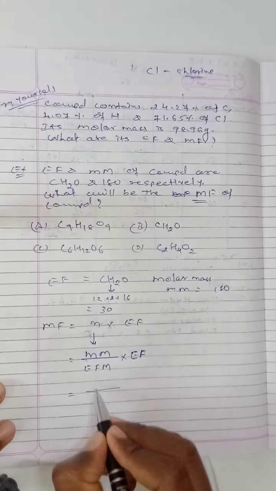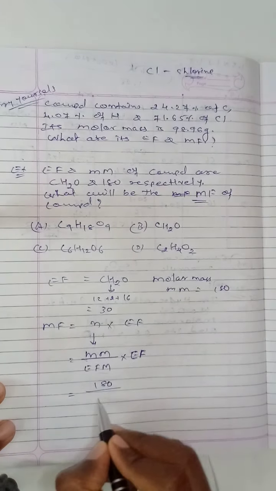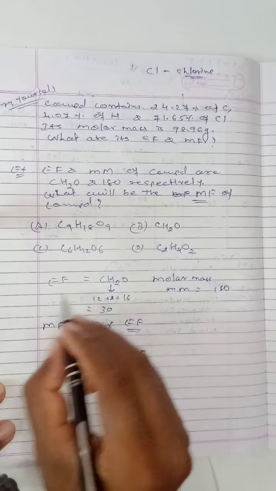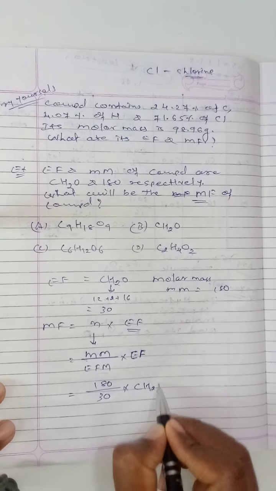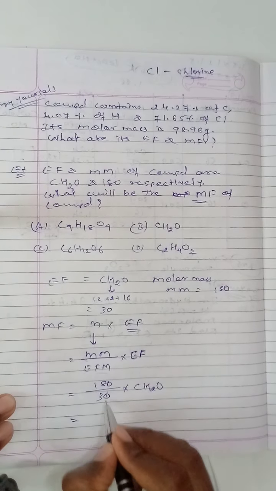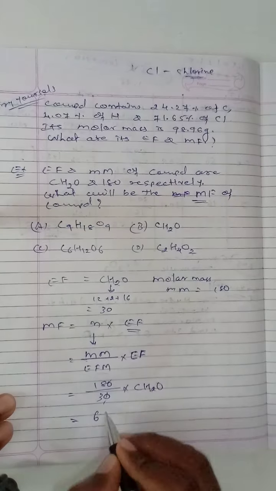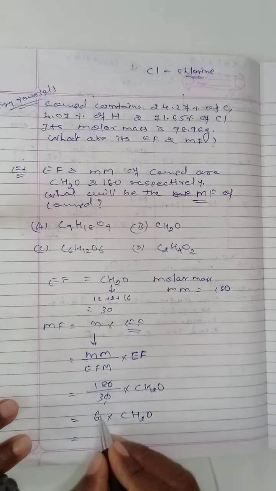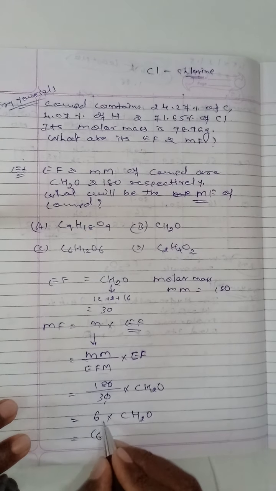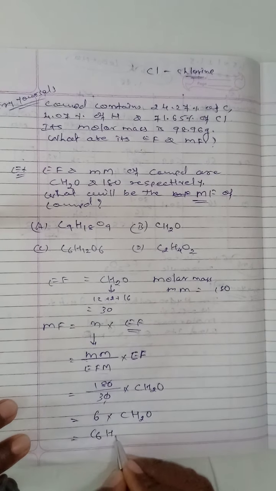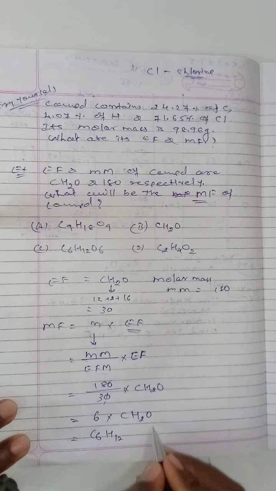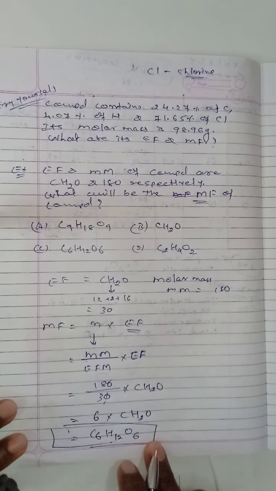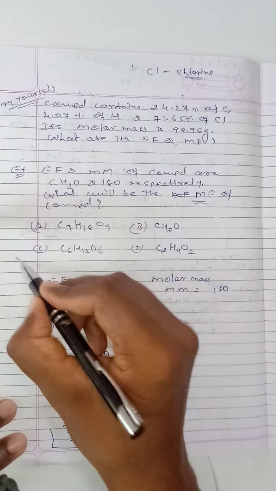So molar mass is 180, empirical formula mass 30, multiplied by EF CH2O, this will be cancelled out, and 6 multiplied by CH2O means C6, 2 multiplied by 6 H12, and here O6. So molecular formula is C6H12O6. Answer is C.